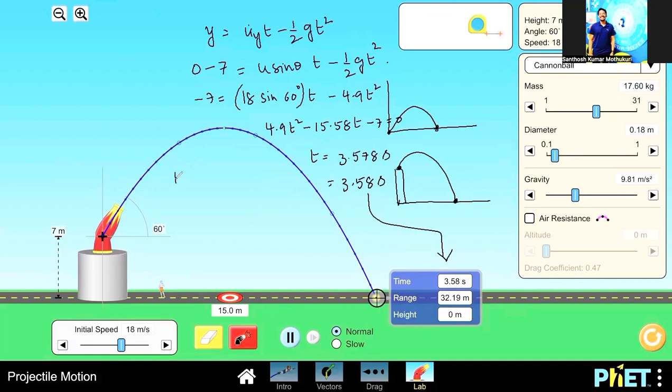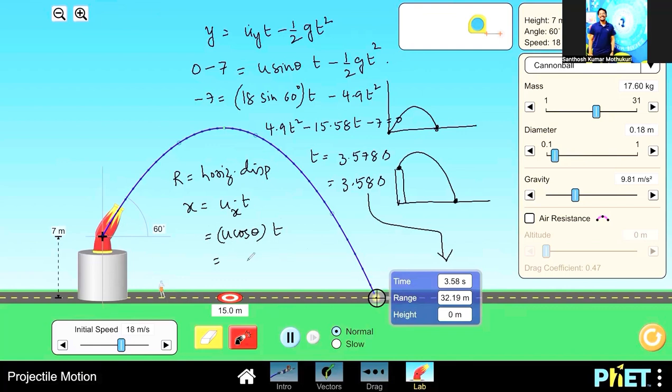Now let us find out the range. Range is nothing but the horizontal displacement. Yes, the horizontal displacement is nothing but x. x is equal to ux times t plus half ax t squared, but ax is 0. Now ux is u cos theta, times t. Here t is the total time taken to reach the ground, which is already proved as 3.58 seconds, and we can use it here.